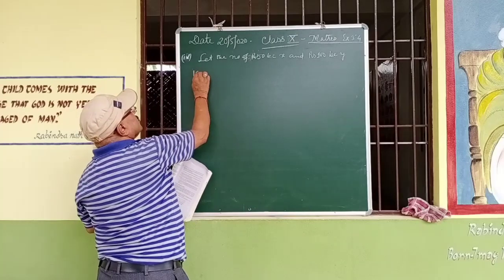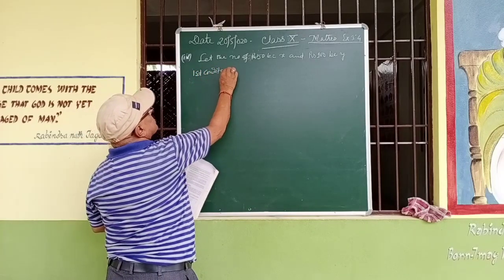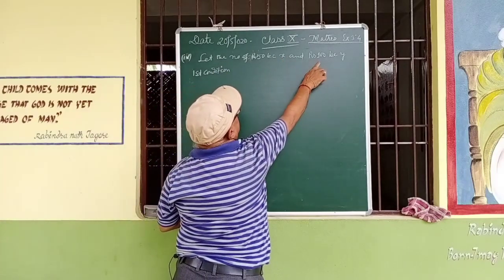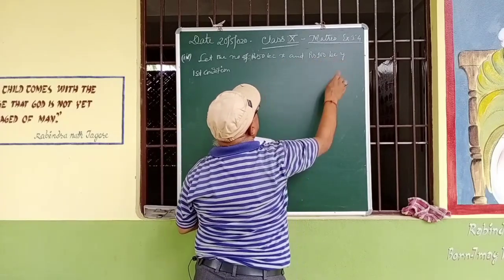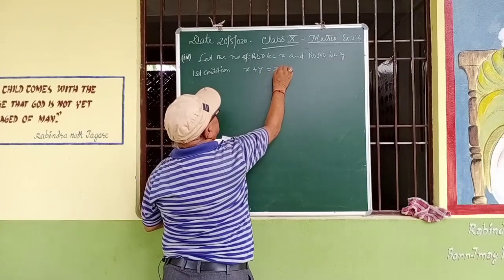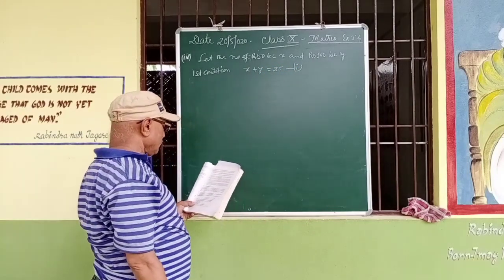So first condition, rupees 50 x numbers and rupees 100 y numbers, so the total number is x plus y is equal to 25. Equation number 1.